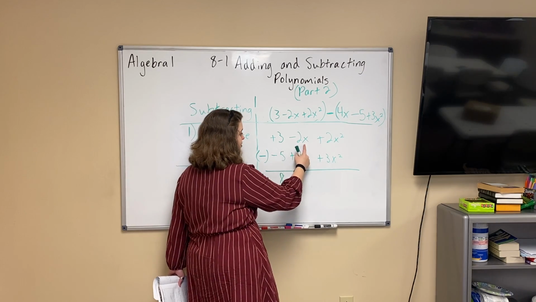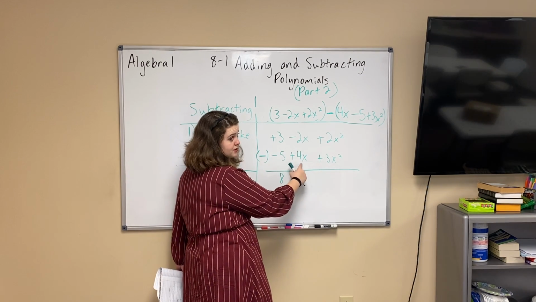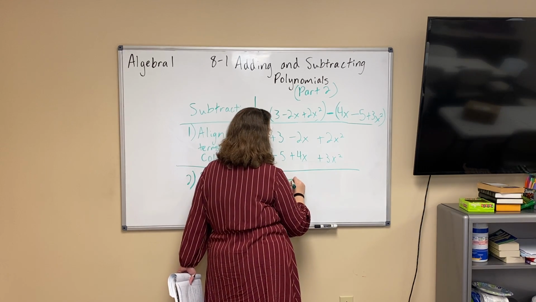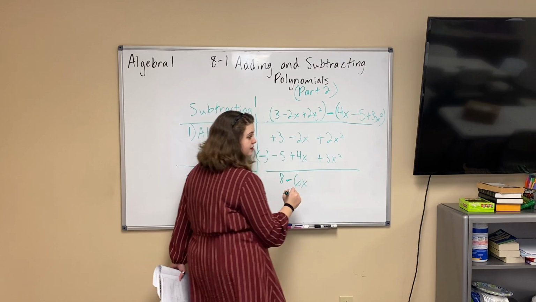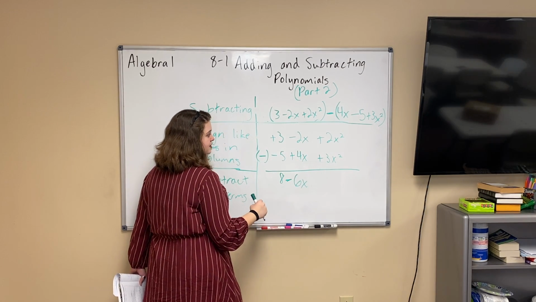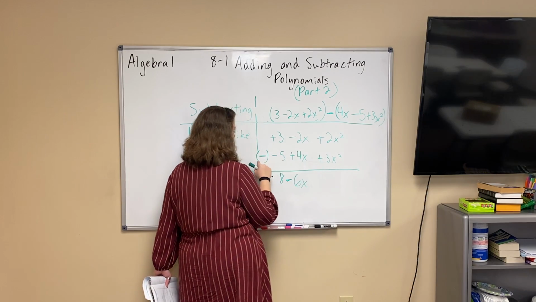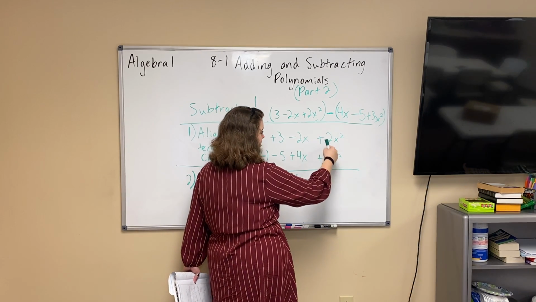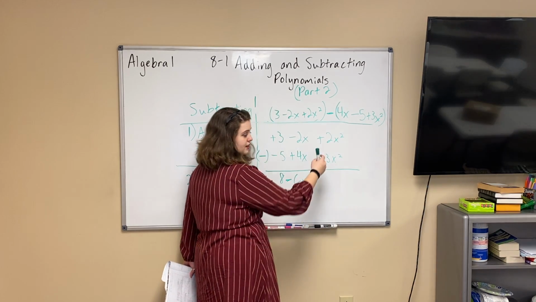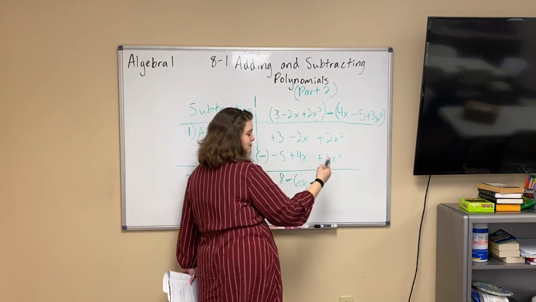So I'm going to go negative 2x minus positive 4x. So it's going to be negative 6x, because negative 2 minus 4 will be negative 6. 2x^2 minus 3x^2 is going to be just negative 1, since 2 minus 3 gives us negative 1.